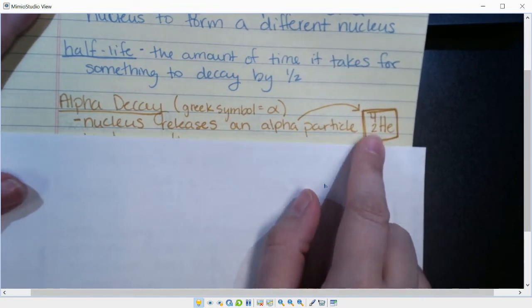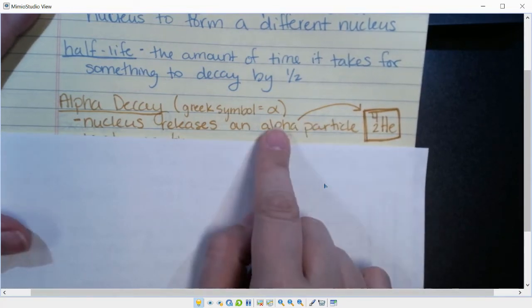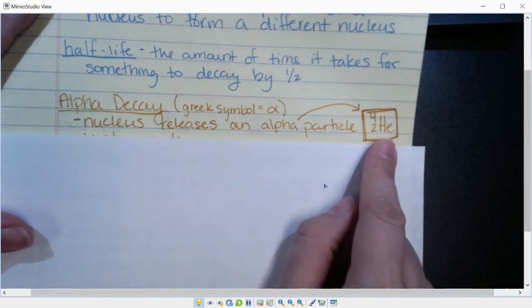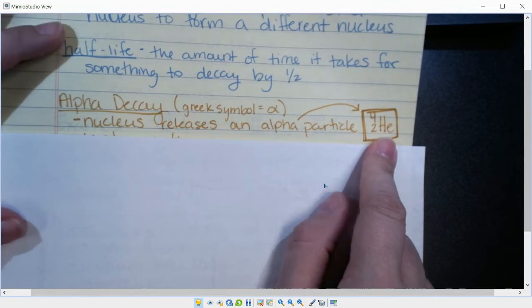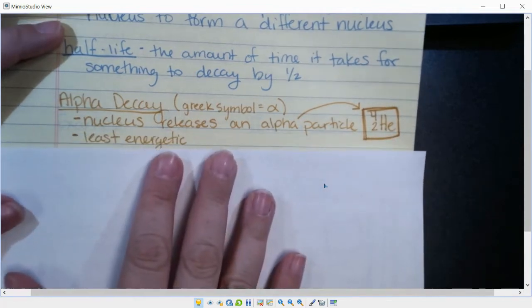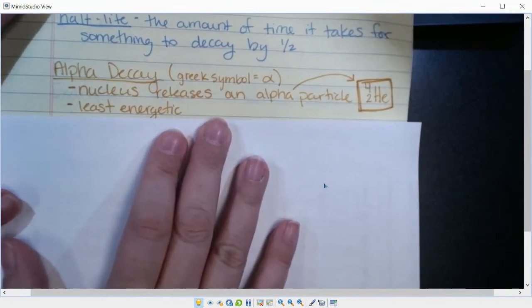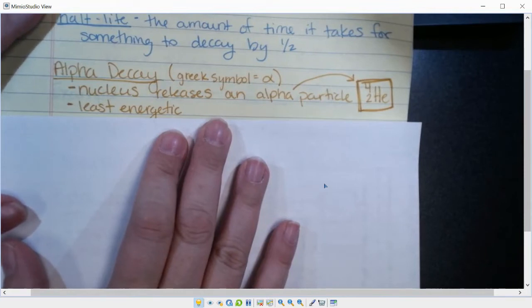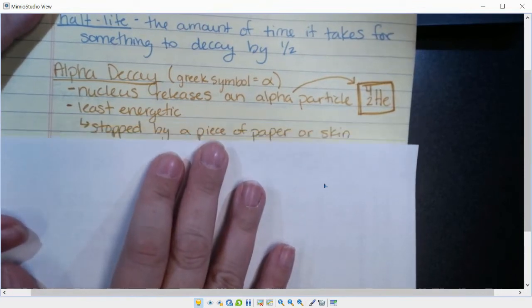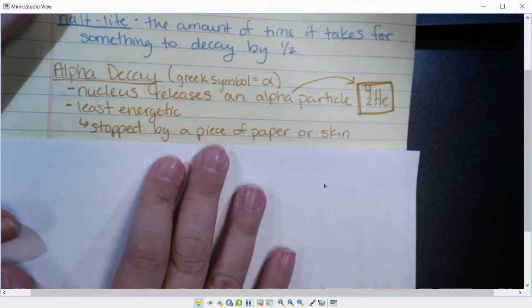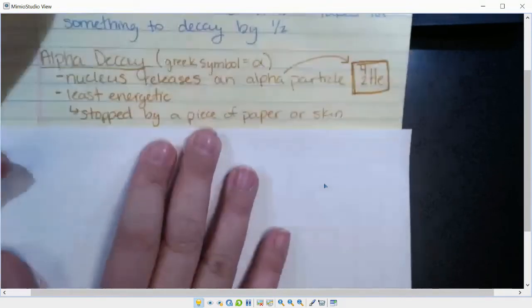It's just a helium atom. So anytime we see the term alpha particle or alpha decay, this is what we should be plugging in. Of the 3 types we're going to talk about, alpha decay is the least energetic, meaning it can be stopped by something as thin as a piece of paper or by your skin.